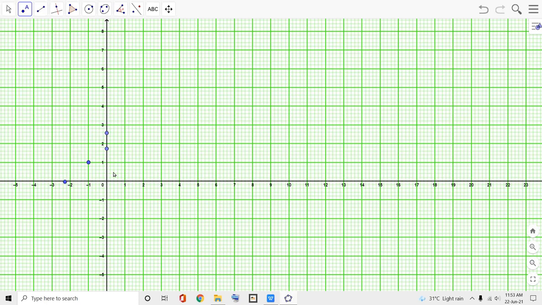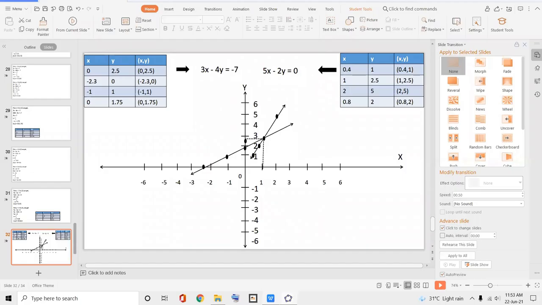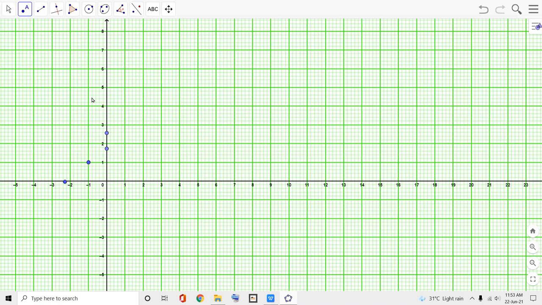So here we are having four values. So now we will make a line joining these four points. But you can see that we can either make a line joining these 3 points or we can make a line joining these 2 points. So we will make a line joining these 3 points.